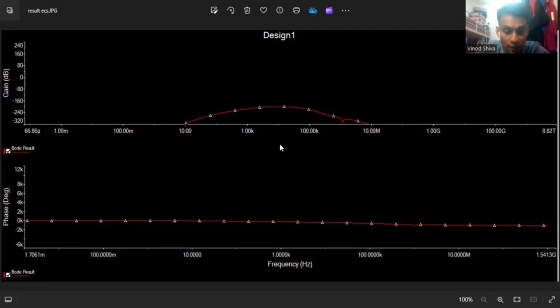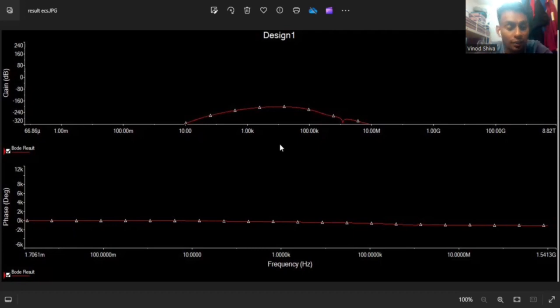The horizontal axis is the same as in the gain plot, representing the frequency in hertz on a logarithmic scale. The red curve shows the phase response of the system across the frequency spectrum. The phase remains almost constant at 0 degrees across the entire frequency range, indicating that the system introduces no significant phase shift.